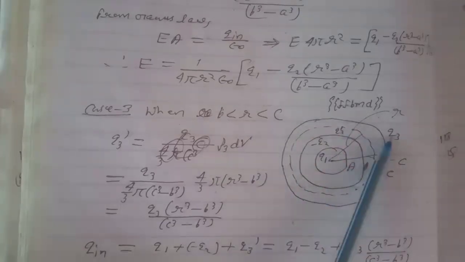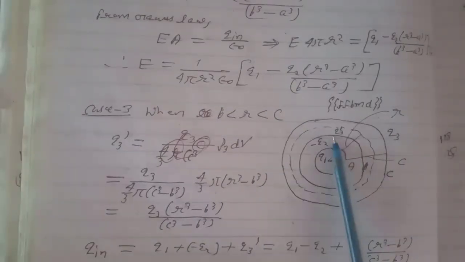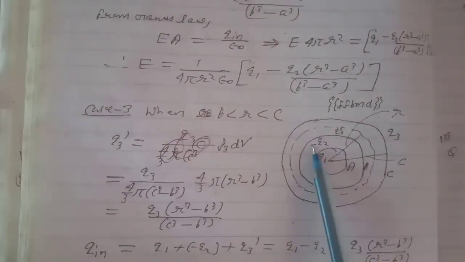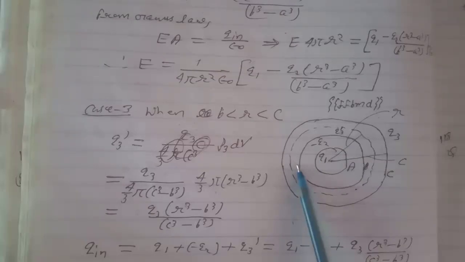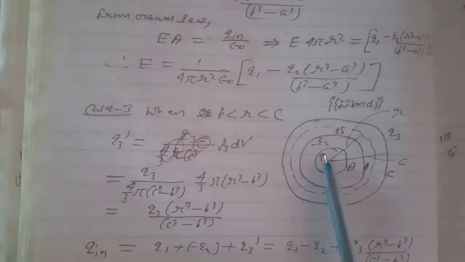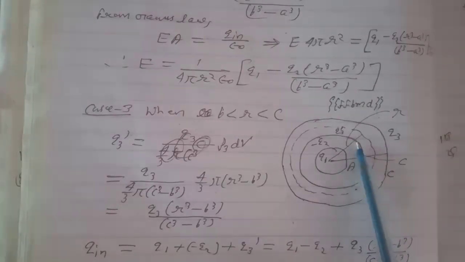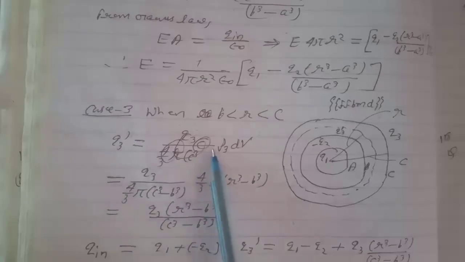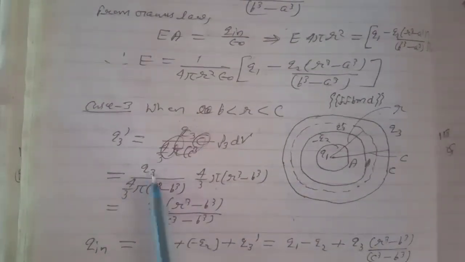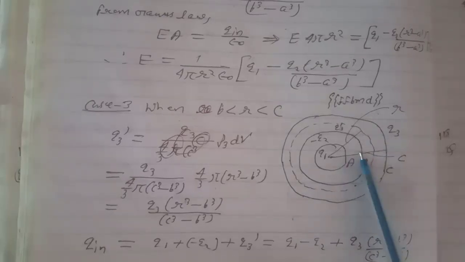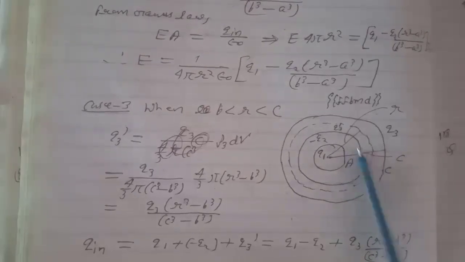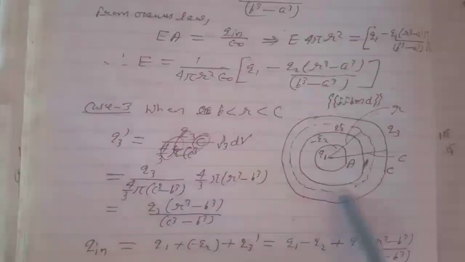Now here q3 dash is the charge enclosed in the sphere of radius r, in the shell between r cube minus b cube. So q3 dash will be rho 3 into dV, and now rho 3 will be q3 by 4 by 3 pi (c cube minus b cube), that is, the point is in this solid spherical shell, because here we have considered a Gaussian sphere.